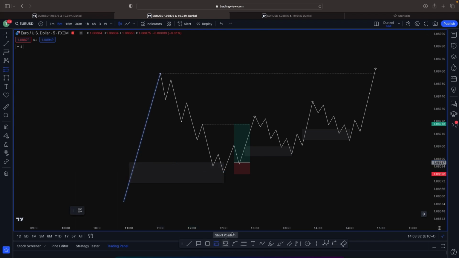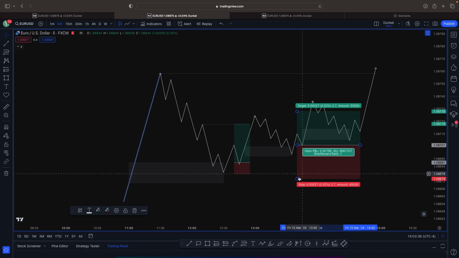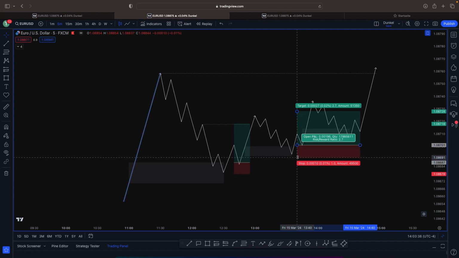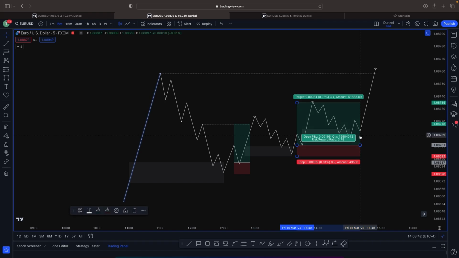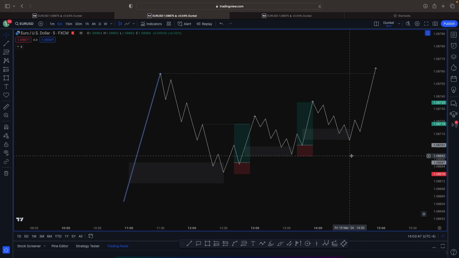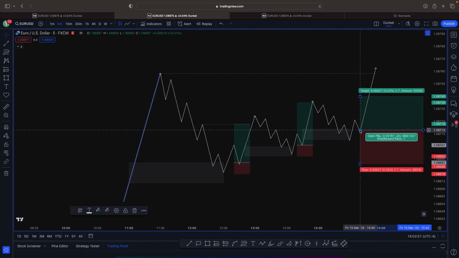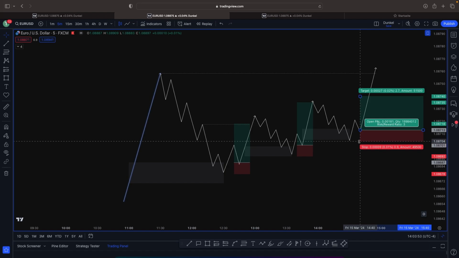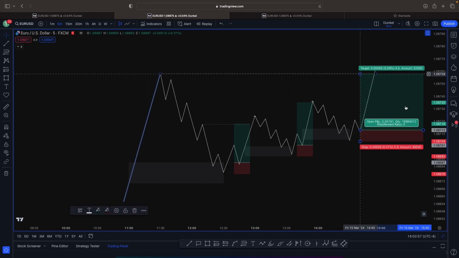The next entry would be right here at the second smart money reversal, targeting the next liquidity level, and the last entry would be at the third smart money reversal, targeting the original consolidation high.